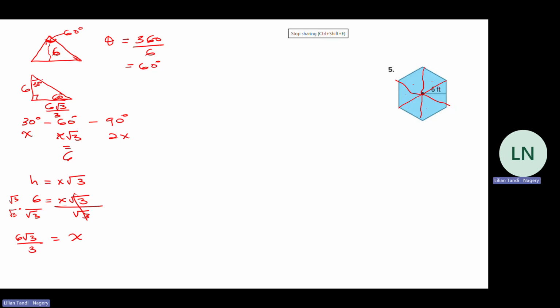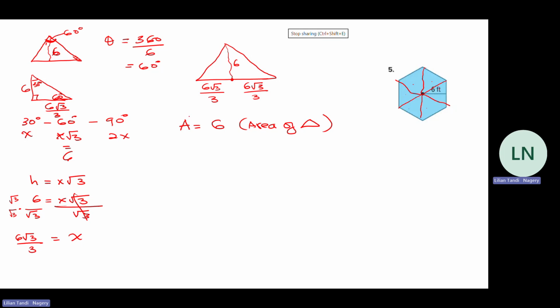I don't need the hypotenuse to find the area of the triangle. So now, the area of the triangle: my triangle is like this. From here to here is 6 square root 3 over 3, and here is 6 square root 3 over 3, and this distance here is 6. Now the area of my whole shape, there are 6 of them. The area of the hexagon will be 6 times the area of the triangle.